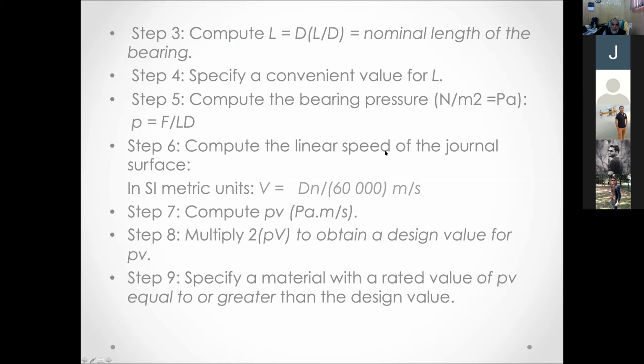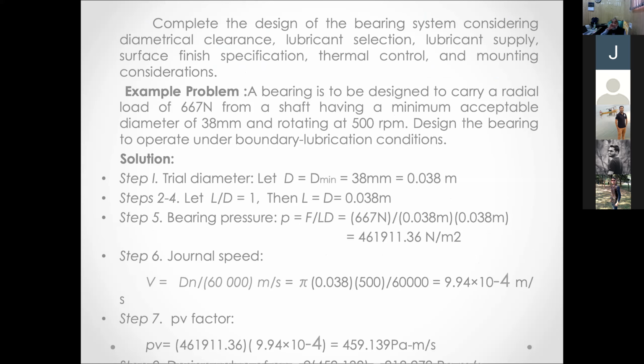Once you design the bearing, you have to find life of the bearing. So it is very important. For finding the life of the bearing, you have to use wear factor, and that I will discuss with you when we study some numerical. How do we find the life of the bearing?